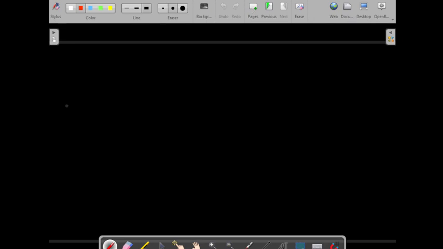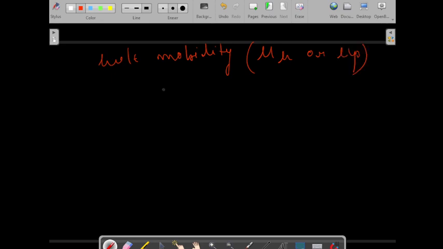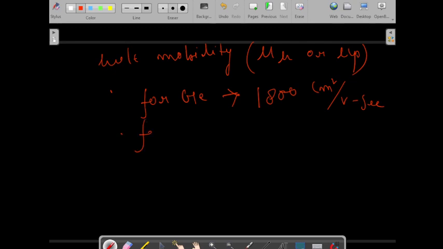And the value of hole mobility mu p for germanium is 1800, and for silicon the value is 500.